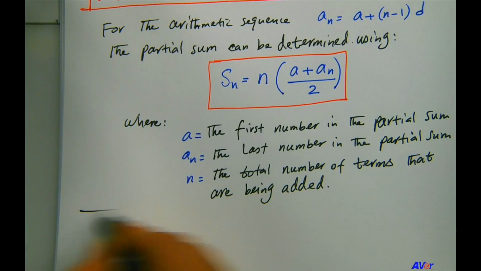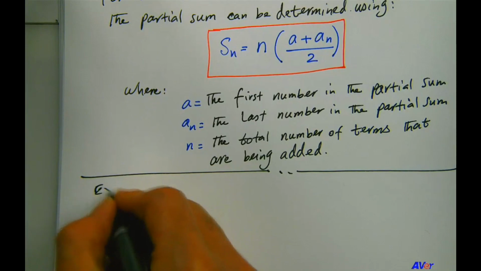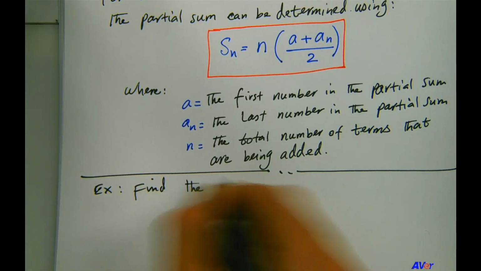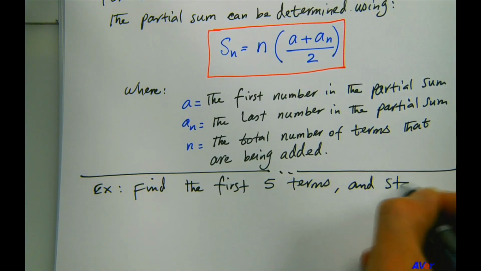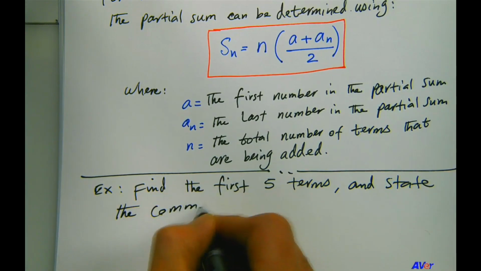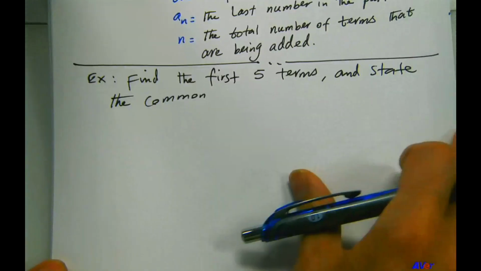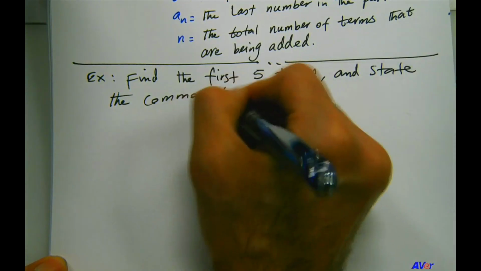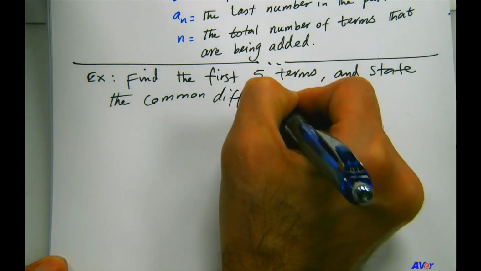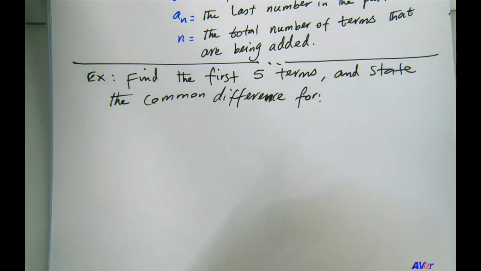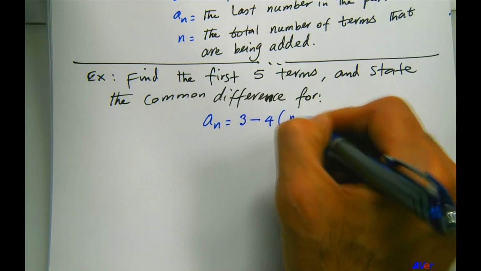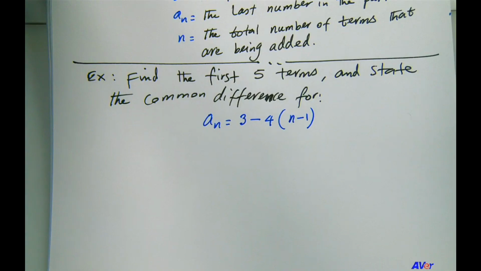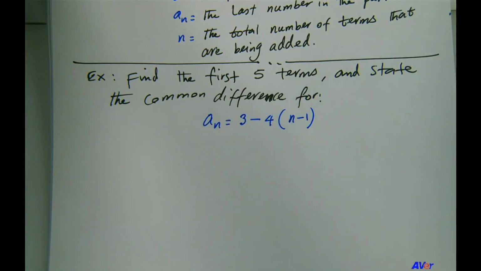So let's look at some examples. Here, with this sequence, a sub n equals 3 minus 4 times (n minus 1), we want to list or find the first 5 terms, so a1, a2, a3, a4, a5, and state the common difference for this arithmetic sequence.